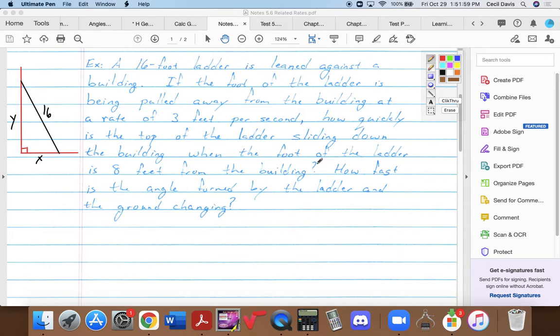Okay? So it says, if the foot of the ladder is being pulled away from the building at a rate of 3 feet per second, let's stop there. Here's the foot of the ladder. It's the bottom of the ladder. That means x is increasing at a rate of 3 feet per second. So dx/dt, the change in x with respect to time, is 3 feet per second.